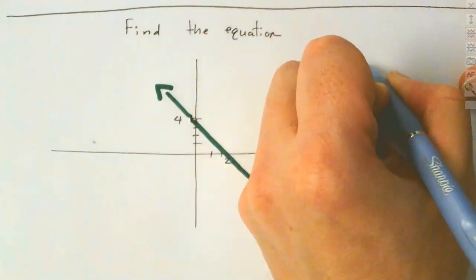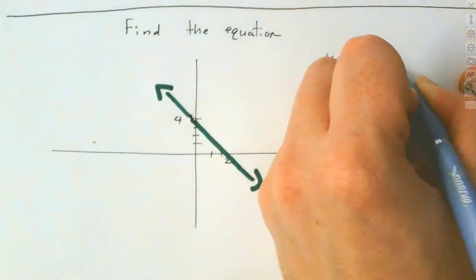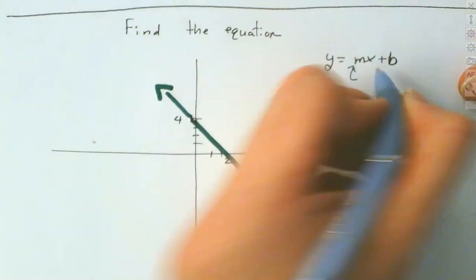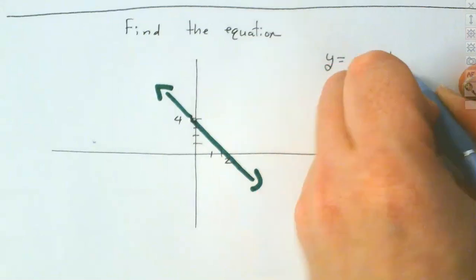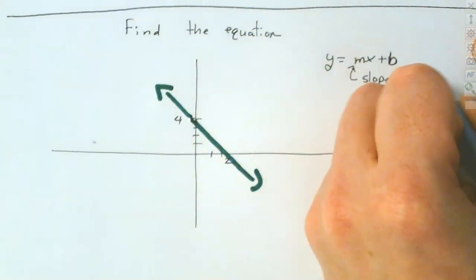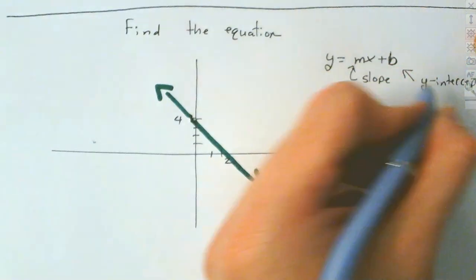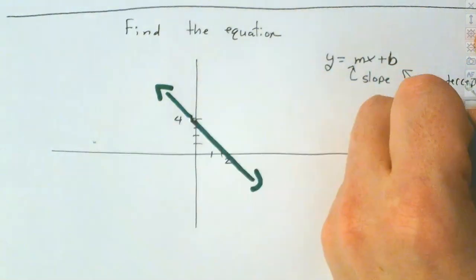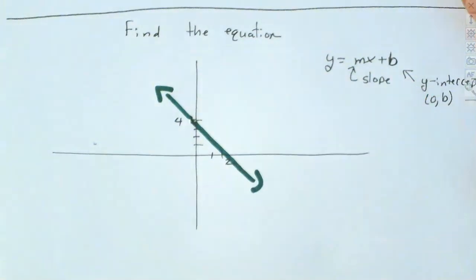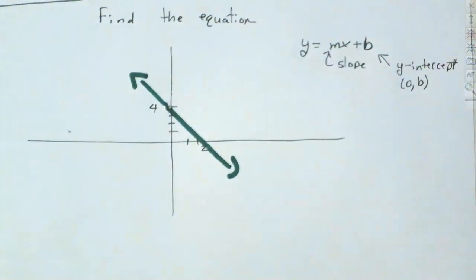So I want you to find y equals mx plus b. So there's my slope. And b is the y-intercept. And that's 0, comma b. So let's begin. We've got to find the slope, and we've got to find the y-intercept.